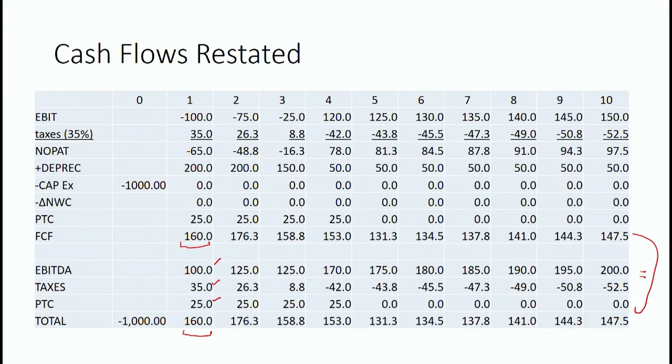So let's go back and figure out what the cash flows are to the tax equity investors. Remember, they get 99% of the taxes, 99% of the production tax credit, and 50% of the equity cash flow for the first 6 years. So let's look at what that looks like.